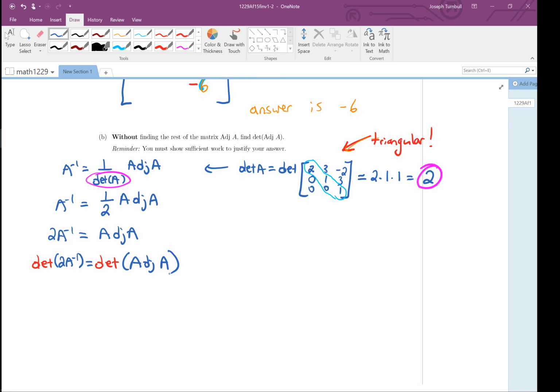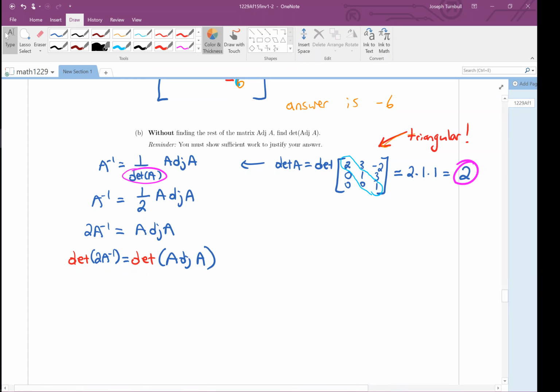Now A is 3 by 3. And that means A has 3 rows. So I'm going to common factor out this 2 from each of the rows. When you multiply a matrix by a constant, you can think of that as multiplying each row by that constant.